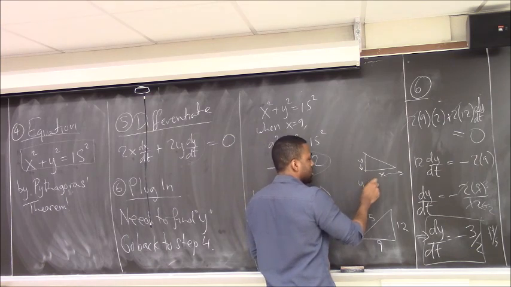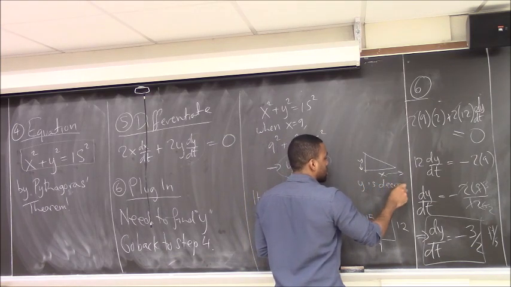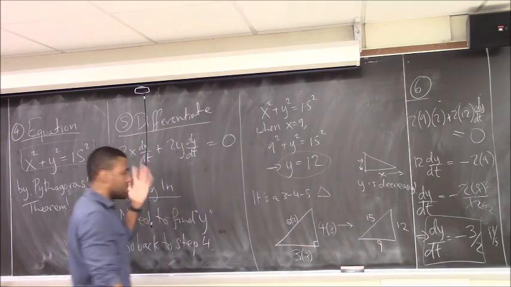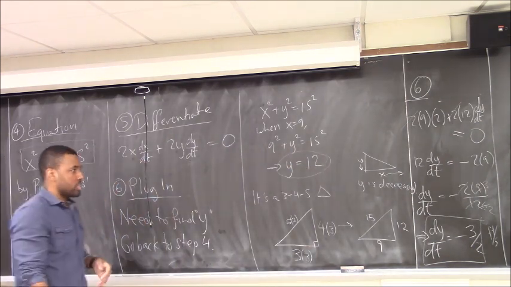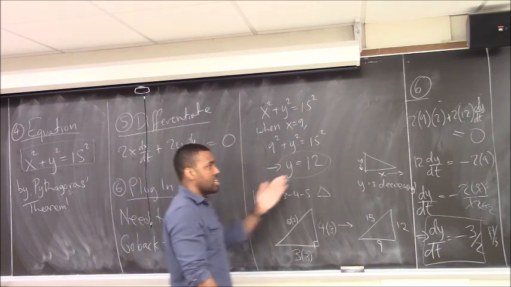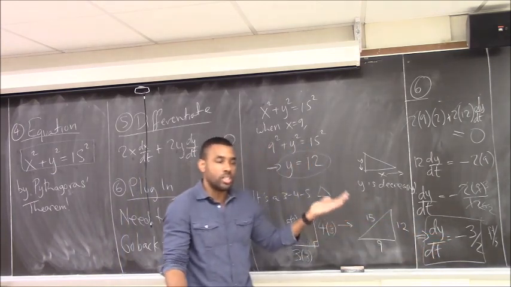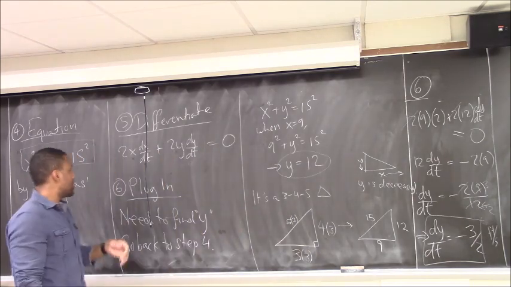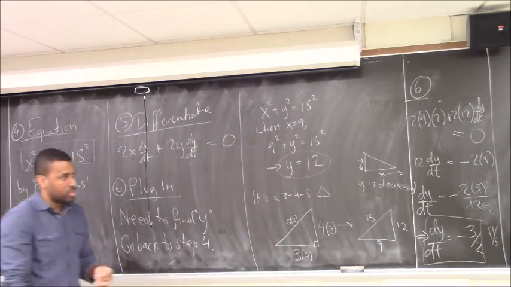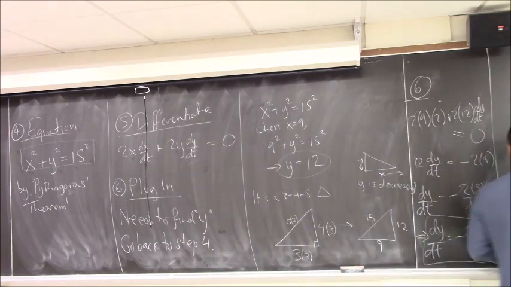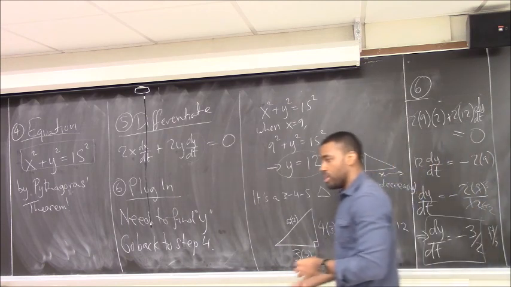So y is decreasing. From the picture, another reason why you go through all these things is that you can know what answer would make sense, which means if you got a positive number here, you did something wrong. There's a computational error, or maybe your equation is off, but you should sort of know what an appropriate answer would look like. The dy dt has to be negative here because my y would be decreasing.